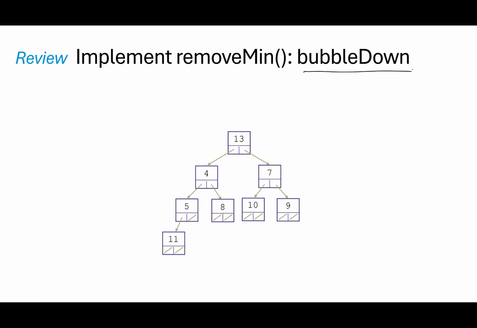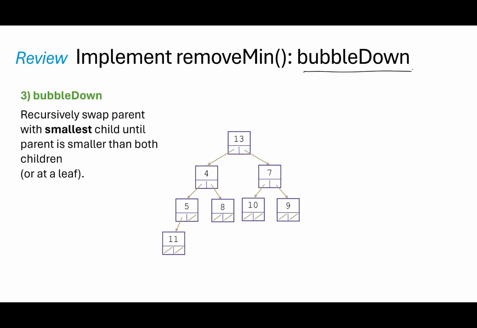Okay, so let's very carefully look at this animation. 13 is the problematic node here. So we recursively swap the parent with the smallest child. 13's children are 4 and 7, right? So what is the smallest child among 4 and 7? 4, right? So we make a swap between 13 and 4.